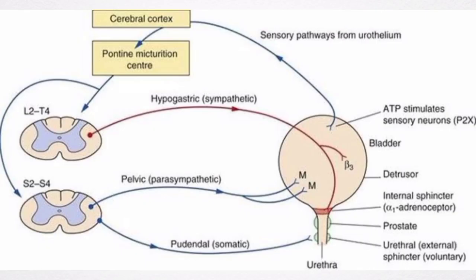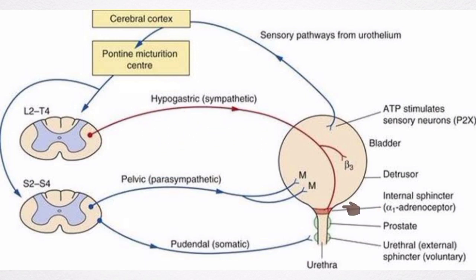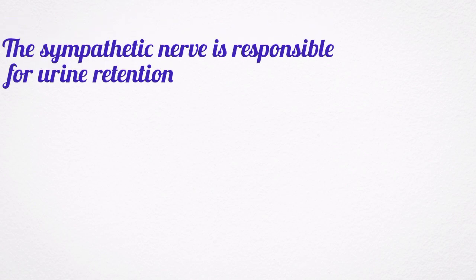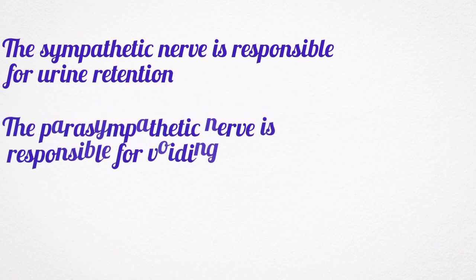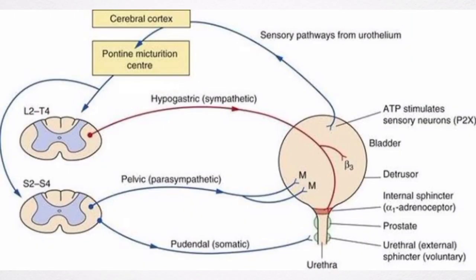When noradrenaline binds to the beta 3 receptors on the detrusor muscles, it causes the muscles to relax. When noradrenaline binds with the alpha 1 receptors, it causes the contraction of the internal urethral sphincter. So we can say that the sympathetic nerve is responsible for urine retention, whereas the parasympathetic nerve is responsible for voiding or peeing.